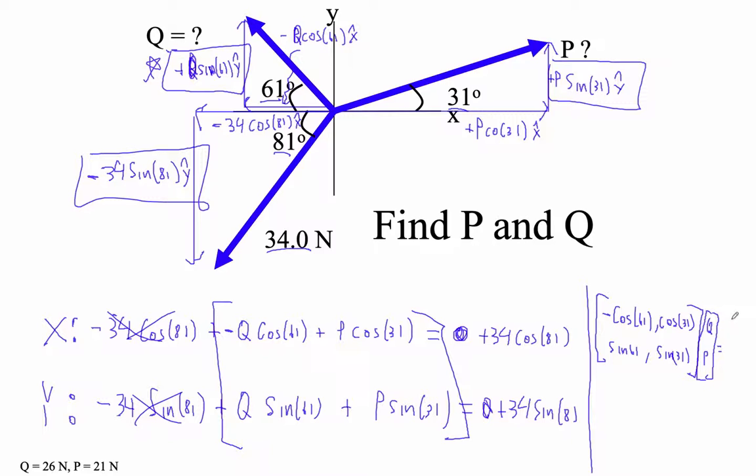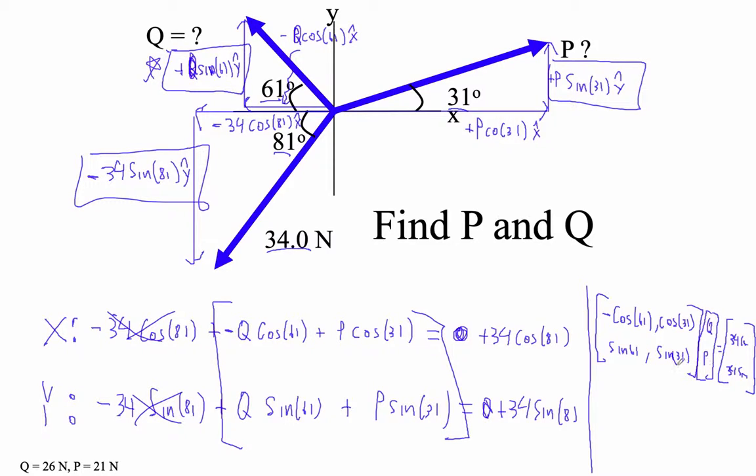And then that is equal to, I just don't have space here, but it's going to be this guy here, right? So 34 cos 81. This will be 34 sine 81, right? Pretend like you can see that, okay?